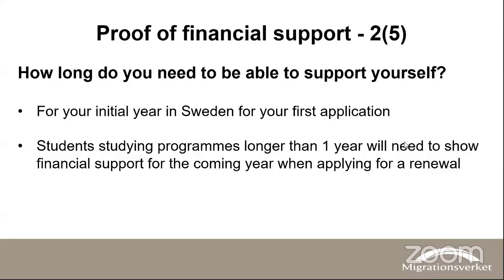Proof of financial support. How long do you need to be able to support yourself? Well, when you submit your first application, you should show that you have sufficient funds for the first year. If you study a program longer than 1 year, you need to renew your permit. And when you apply for your renewal, we will ask you to show financial support for the coming year.